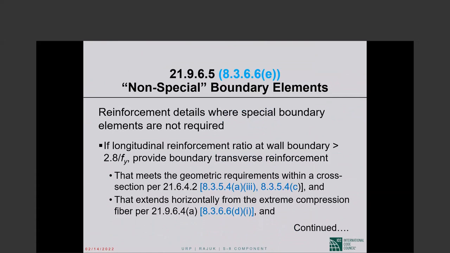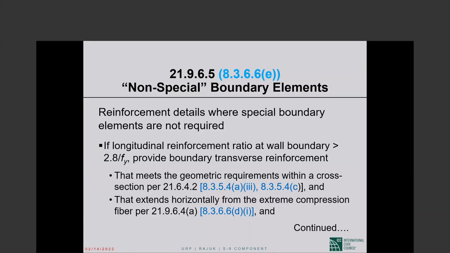Now, when your trigger doesn't go off, and the neutral axis depth is lower than the critical neutral axis depth, you do not need specially confined boundary zones. Even then, you shall provide what I'm going to call non-special confinement at the ends of your shear wall if the local reinforcement ratio exceeds 400 over f sub y in our units, your unit is 2.8 over f sub y.